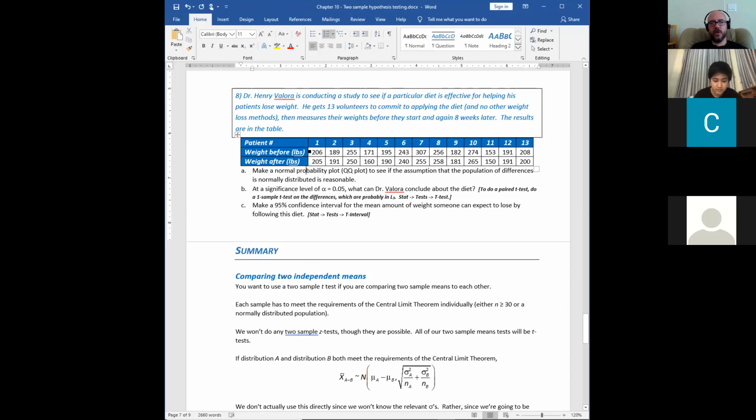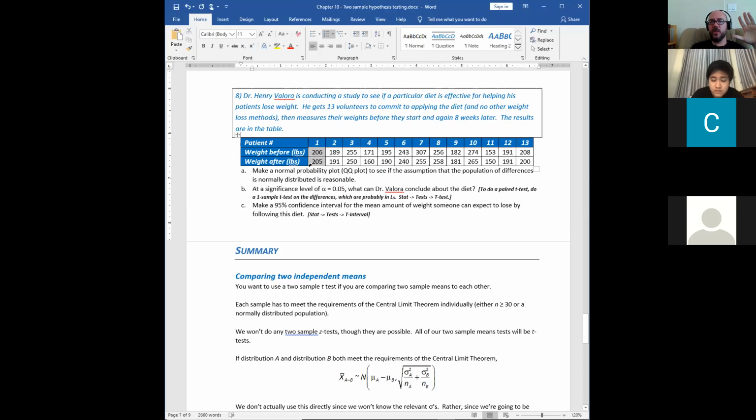Like this person right here who started at 206 pounds, went on the diet, lost 1 pound and is down to 205. That difference is -1. That person lost 1 pound. If they had started at 380 pounds and gone down to 379, that would be exactly the same as far as we're concerned. That's a very different person, much heavier going from 380 to 379, but the difference is still 1.